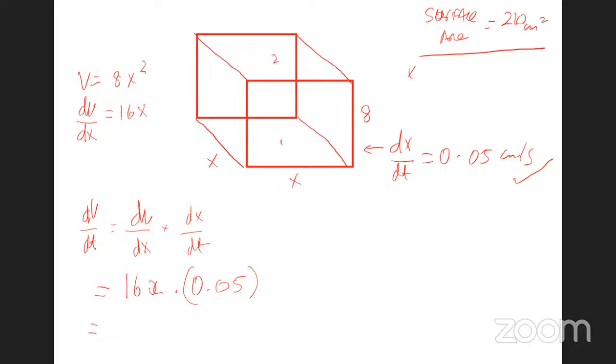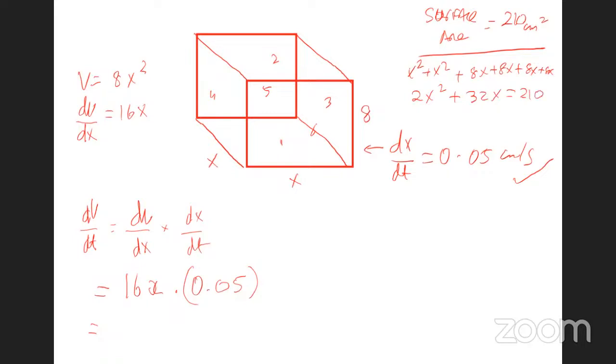That'll be x squared plus x squared, which is 2x squared. Let's deal with side 3 and 4. That'll be 8 by x plus 8 by x. And let's deal with side 5 and 6. That'll be x by 8 again, 8 by x plus 8 by x. So that'll be 2x squared plus 32x is 210.